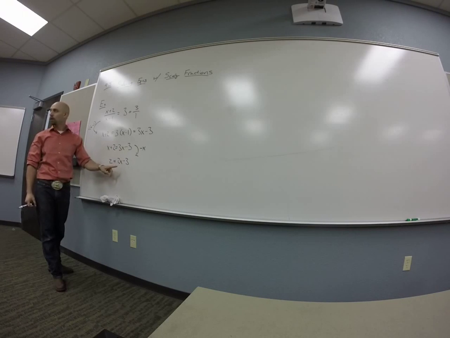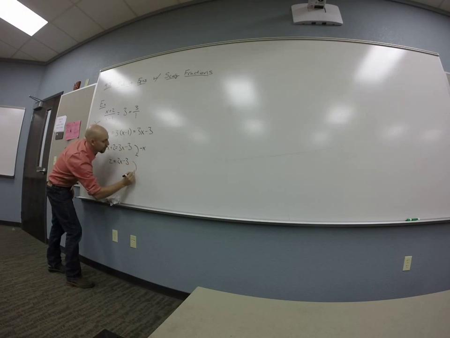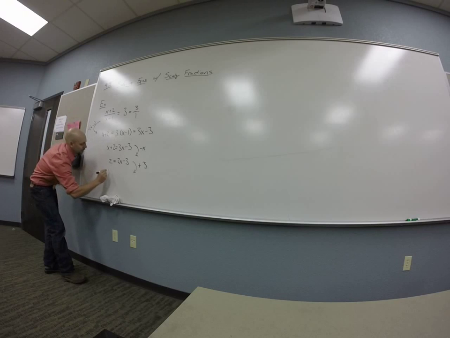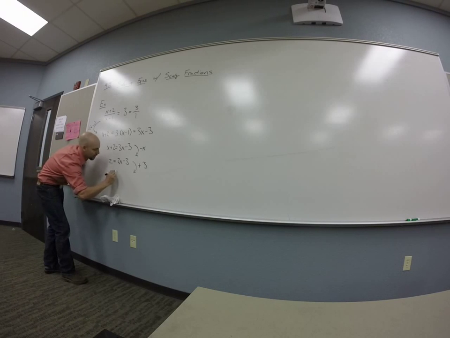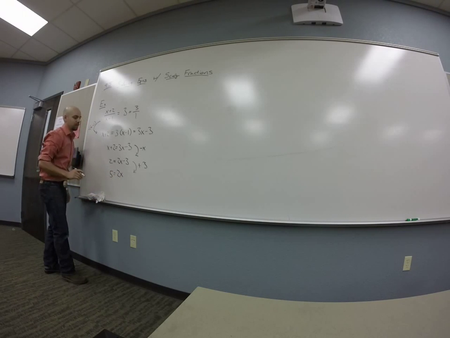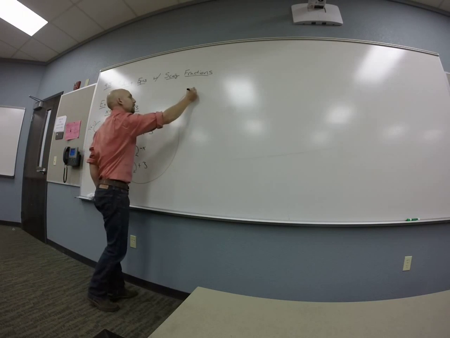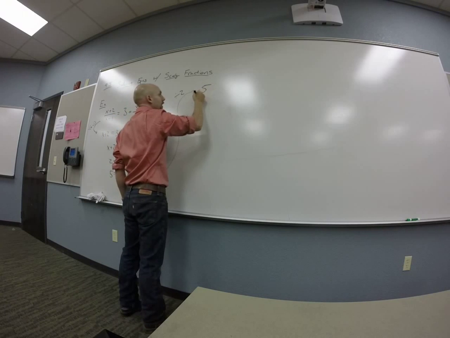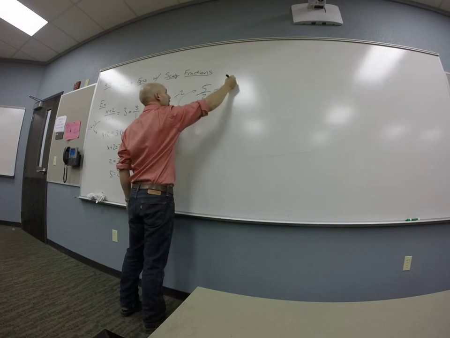And then we didn't change the 3. Okay, then I add 3 to both sides. And so I'm left with 5 equals 2x. Okay, so I divide by 2. You get 5 over 2 is x.